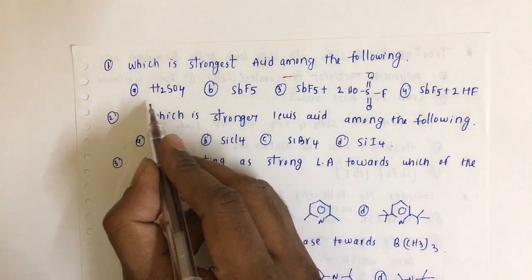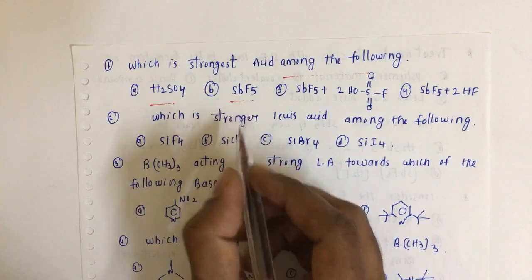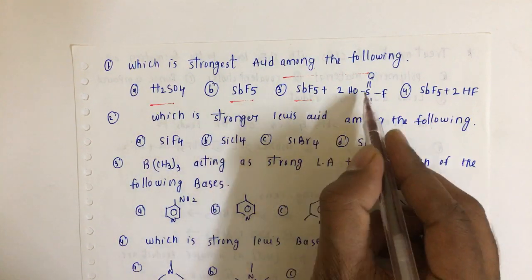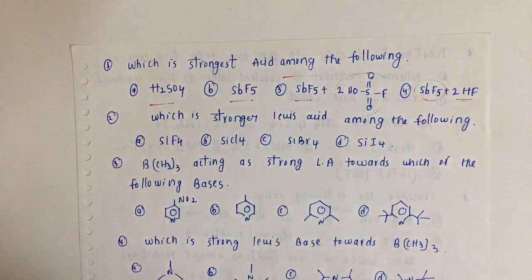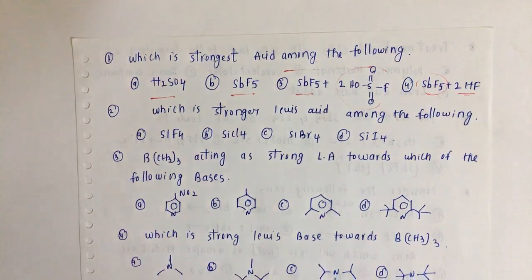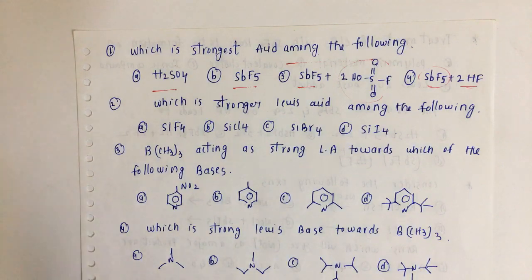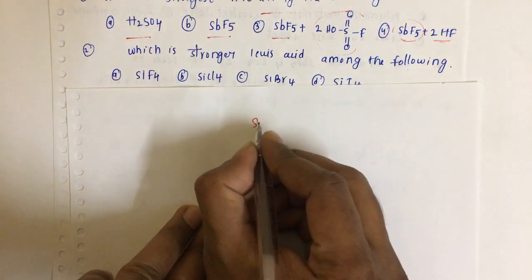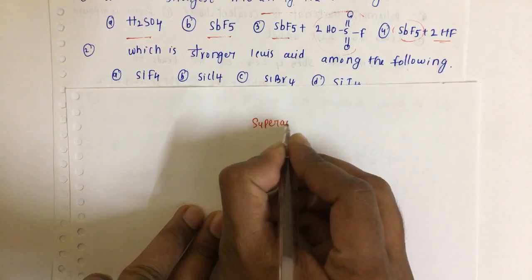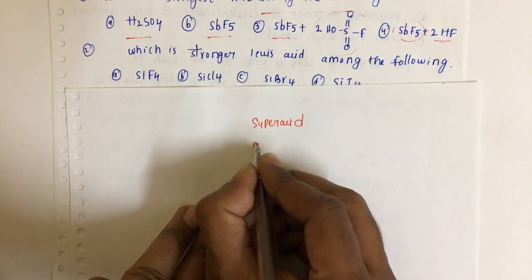So we have H2SO4, SbF5 with 2 moles of this compound, and SbF5 with 2 moles of hydrogen fluoride. There are two kinds of acids: superacid and magic acid.